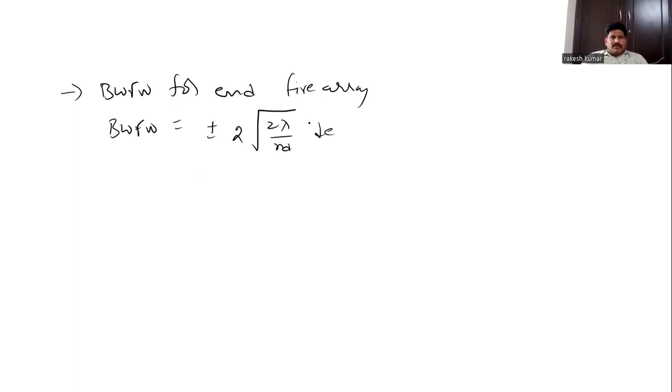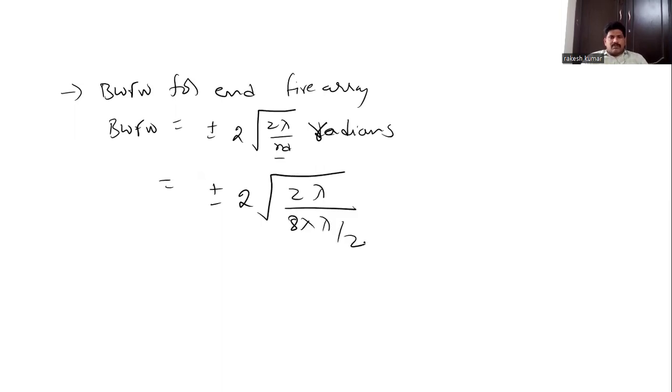This is in terms of radians. Let us take here plus or minus 2 into root of 2 into lambda by, what is the value of n? 8. What is the value of t? It is lambda by 2.